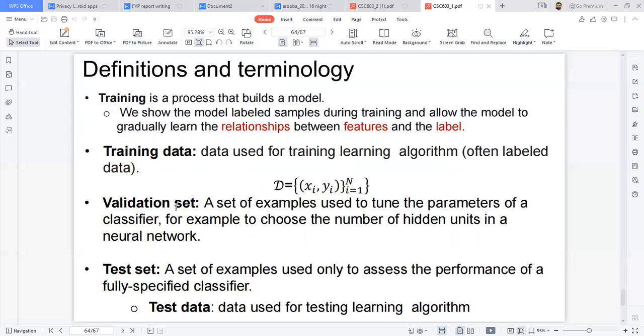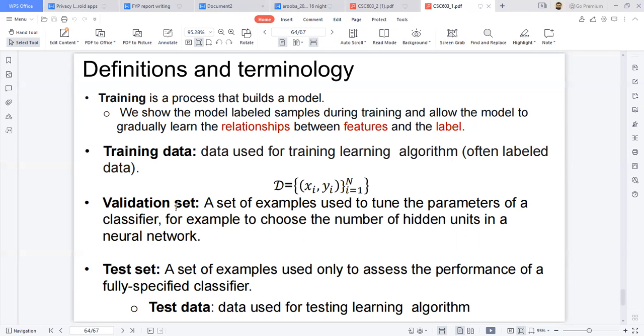What is a validation set? A validation set is a set of examples used to tune the parameters of a classifier, for example, to choose the number of hidden units in a neural network.